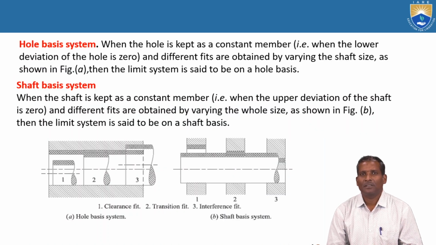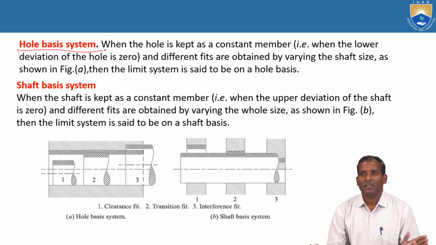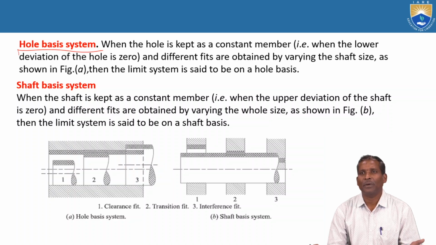Next, in this, hole-based systems and shaft-based systems are there. Now let us see the hole-based system. In the hole-based system, all tolerance values are kept related to the hole only. So it means the hole is kept as a constant member. The lower deviation of the hole is 0.